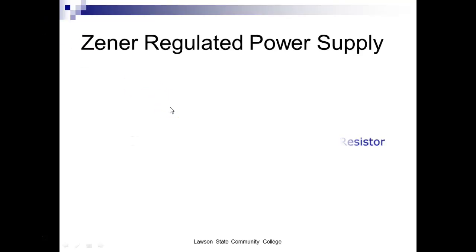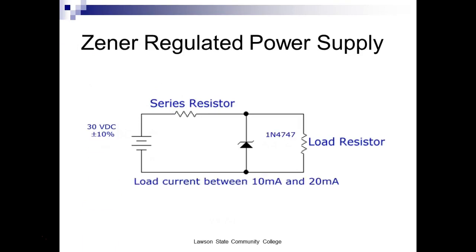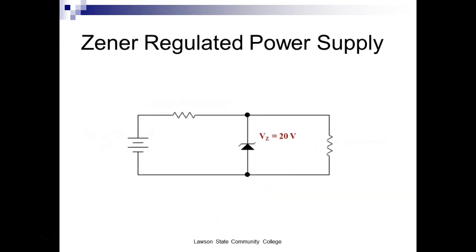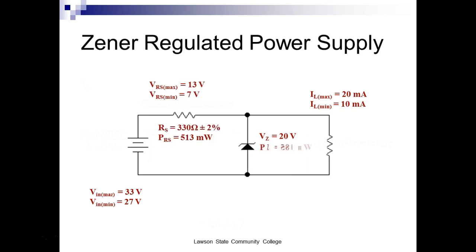And this is going to finish us up. So minus 3% the current. A 20 volt Zener, 10 milliamps, between 33 and 27 volts, right? That means that resistance is going to drop 13 to 7. We chose the 300. What we did in this class, I need to go back and correct that, guys, because this is 2%.